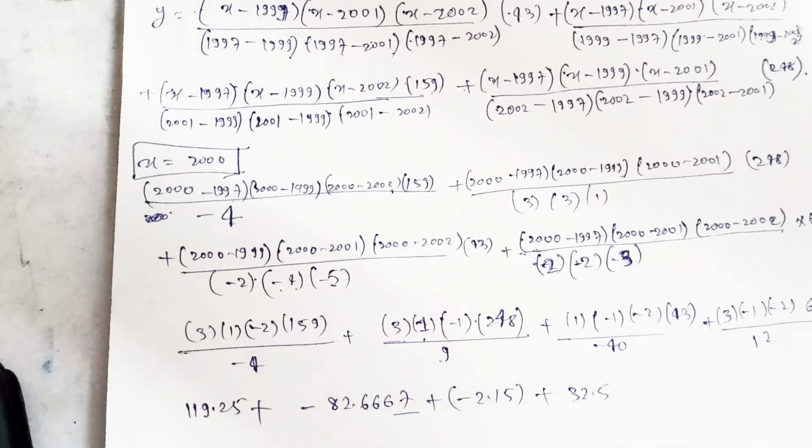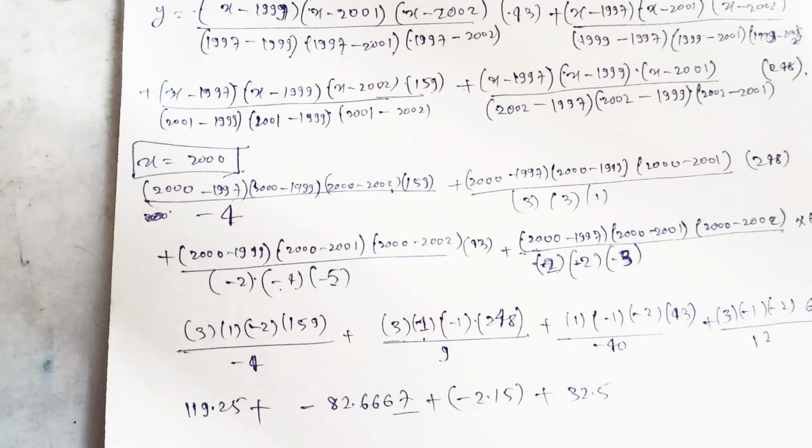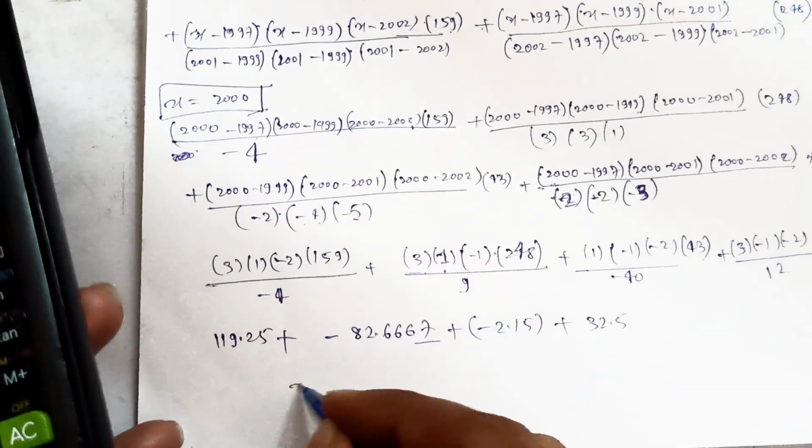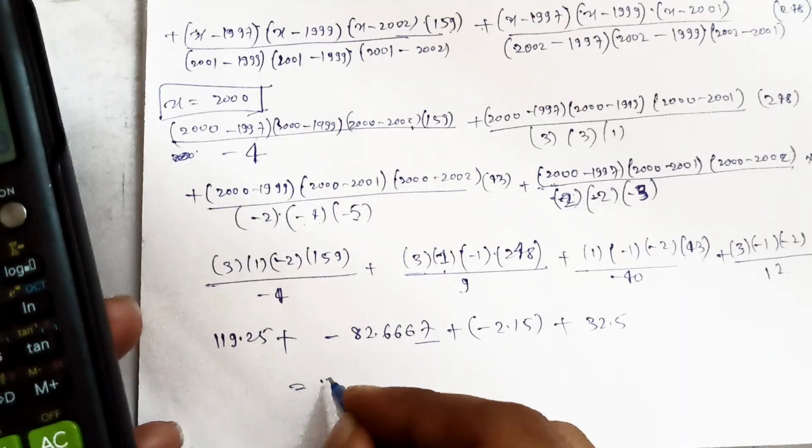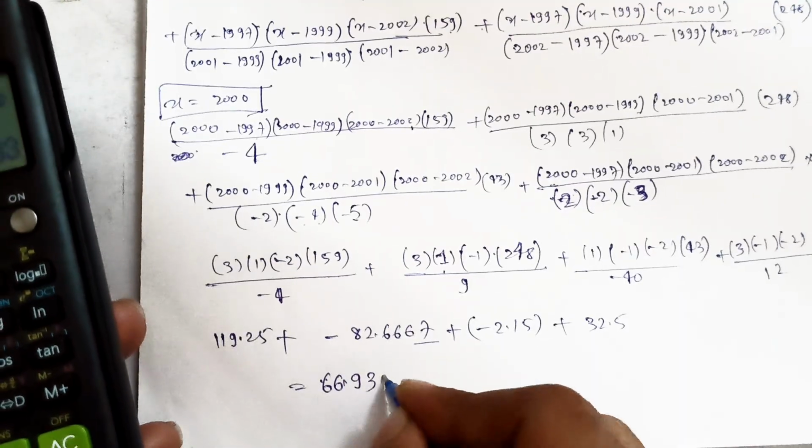So now we need to just add all these terms. So I'm adding 119.25 minus 82.6667 minus 2.15. So we are going to get the answer 66.933.